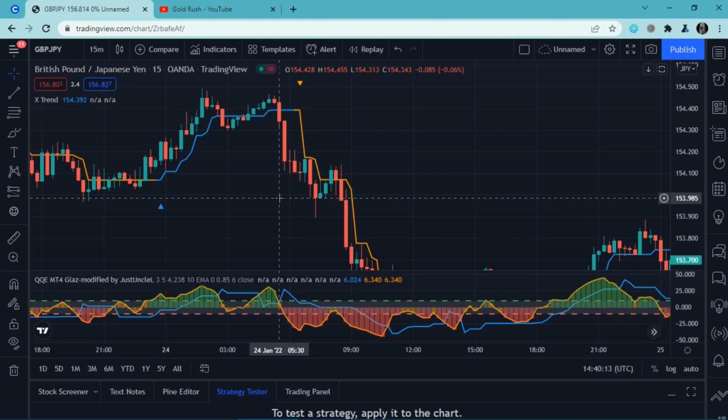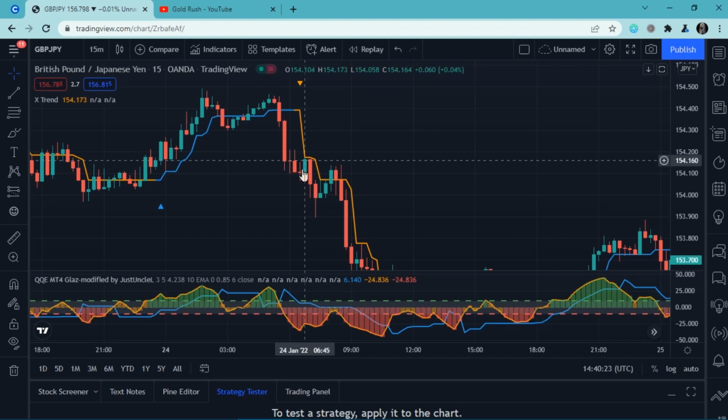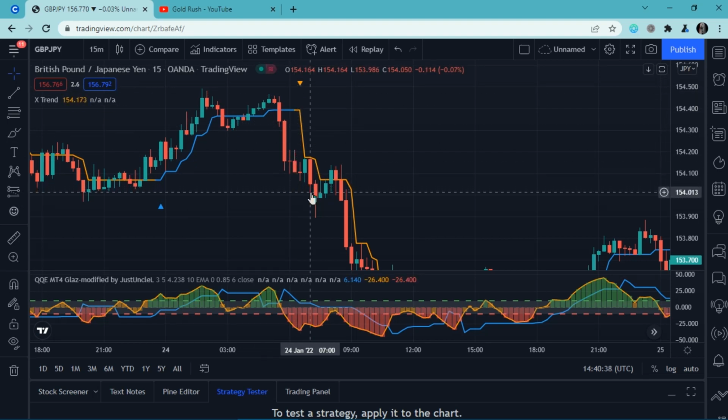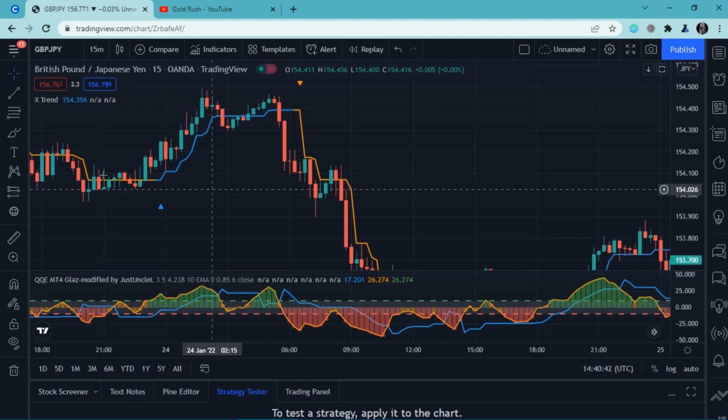Now what we'll do, as another confluence or indication for us to enter, is wait for, in the case of a sell, a green candle. This is your sell signal right here. Now a pullback candle, that is what we're waiting for, and then we enter the market.